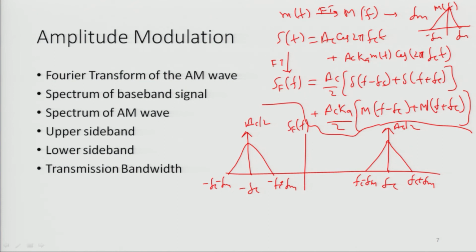Because we know that in the spectrum of the baseband signal, this is symmetrical to this one. The signal from 0 to fm has its mirror image from −fm to 0.